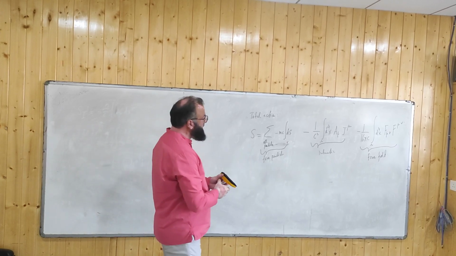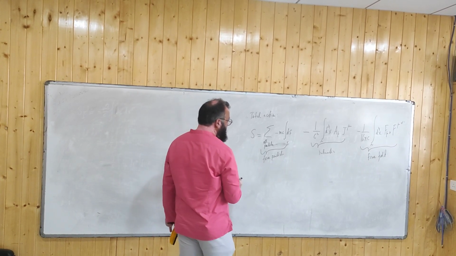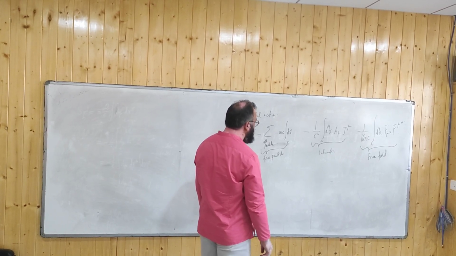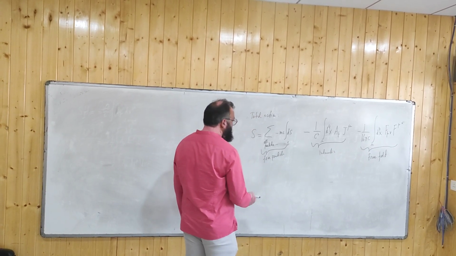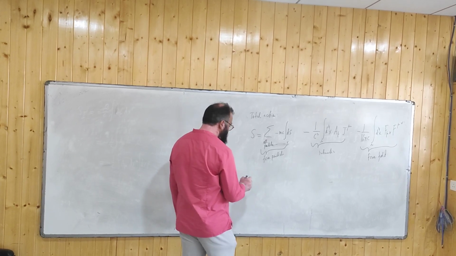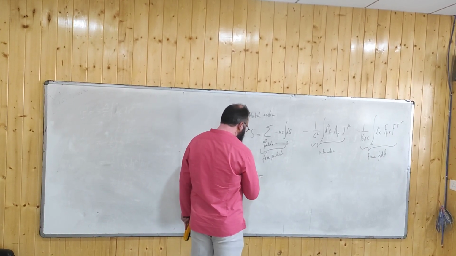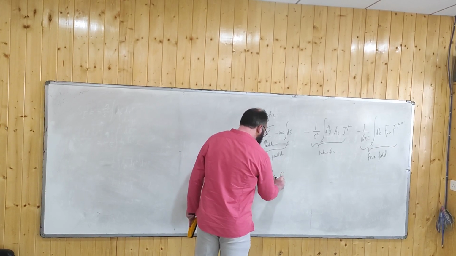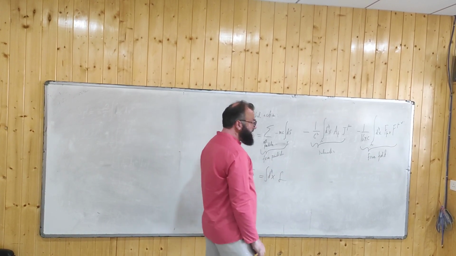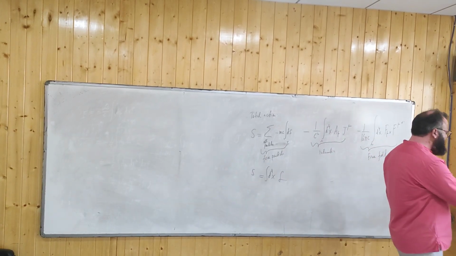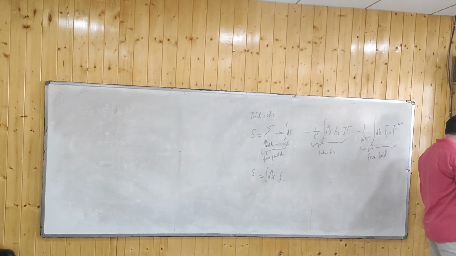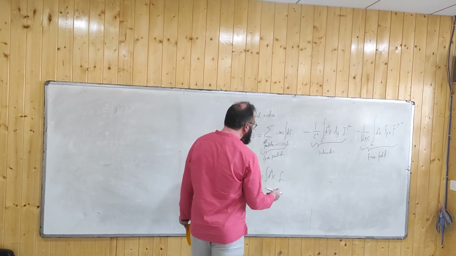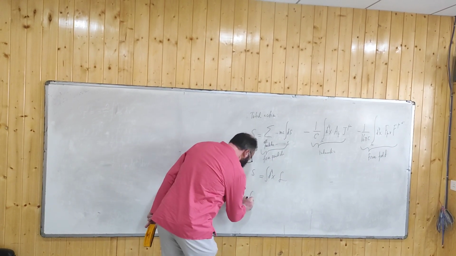Okay, so let me write it. You can put it in this fashion, in terms of an integral: S is equal to the integration of d4 of x, some Lagrangian L. So let's write this Lagrangian. Can you tell me what the Lagrangian is?